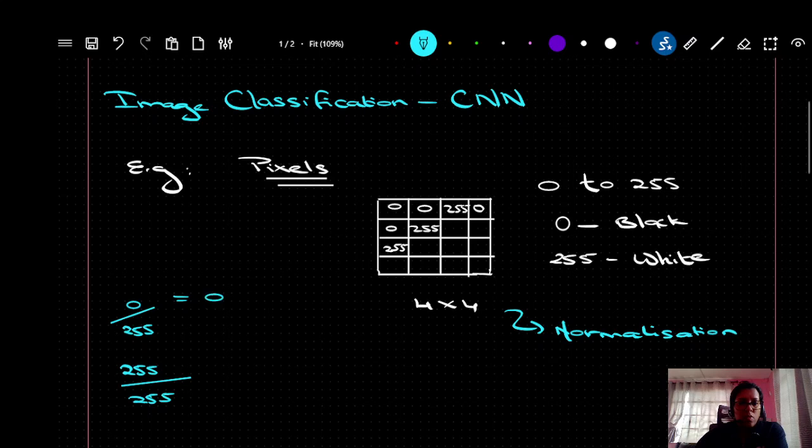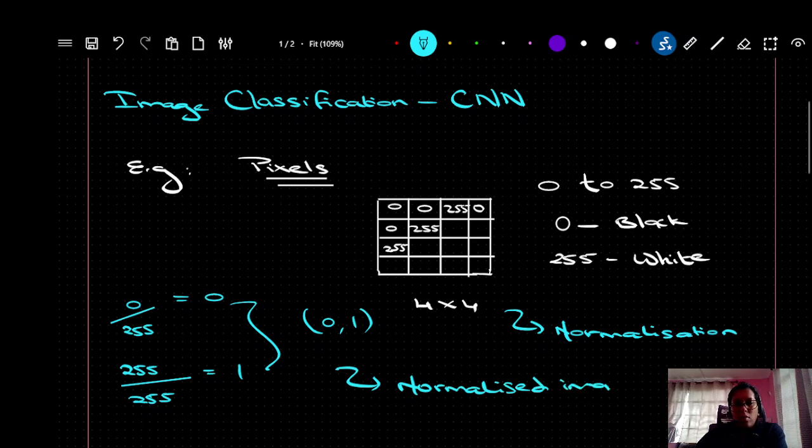So this makes you 1. So when these are divided by 255, you get a range of 0 and 1 in your picture, which means you have normalized your image using MinMax Scaler. We'll get more into this in practice so that you know how to use it and where to use it.